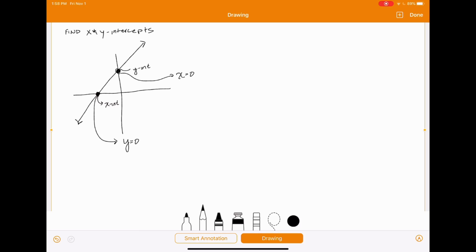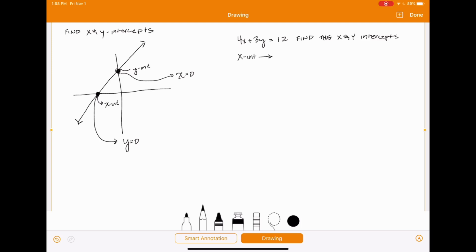So if we look at an equation, let's say we've got 4x plus 3y equals 12, and we want to find the x and y intercepts. First, let's look at finding our x-intercept.